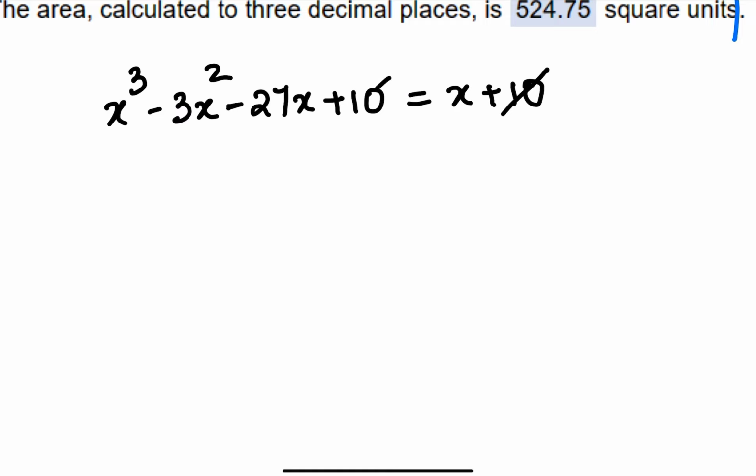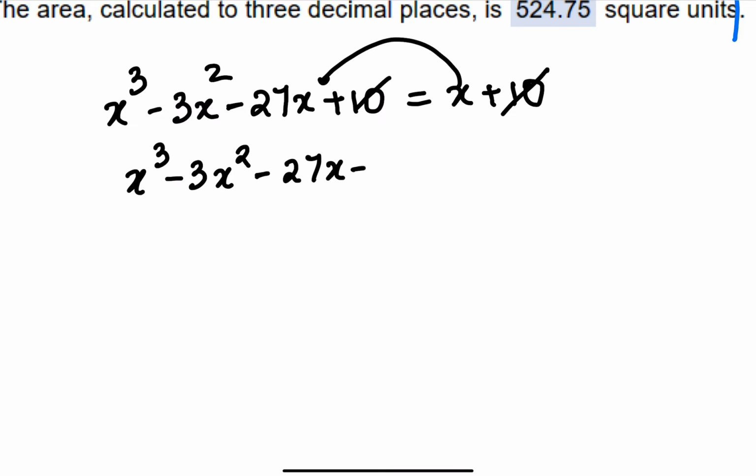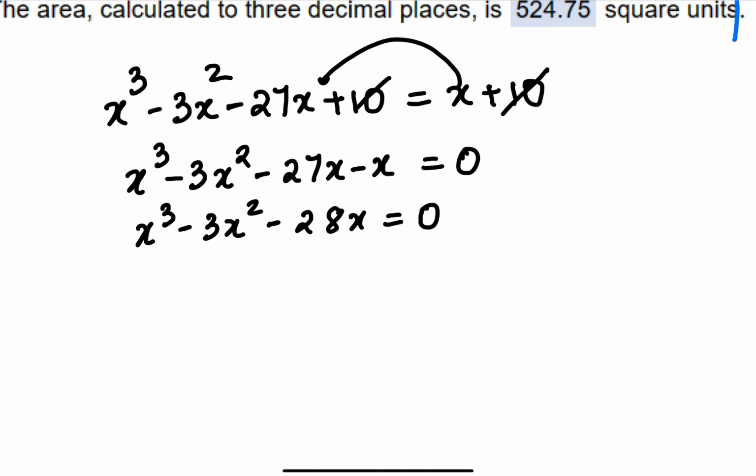So 10 and 10 cancel each other. I bring the x to the other side. So I have x cubed minus 3x squared minus 27x minus x is equal to 0. X cubed minus 3x squared minus 28x is equal to 0.